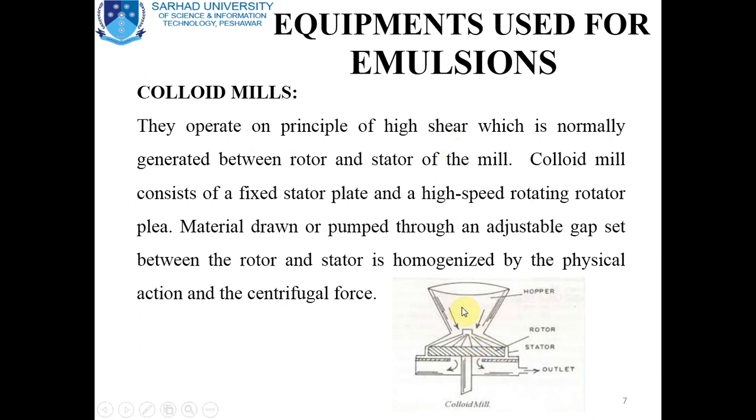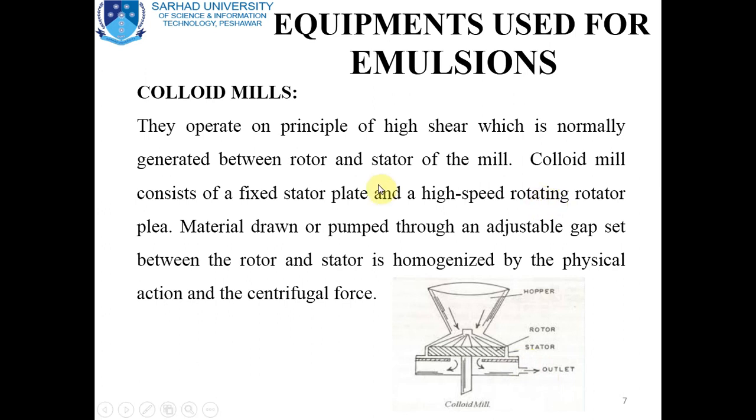The colloid mill consists of different parts including the hopper, rotor, stator, and the outlet, where the emulsified process material is collected.